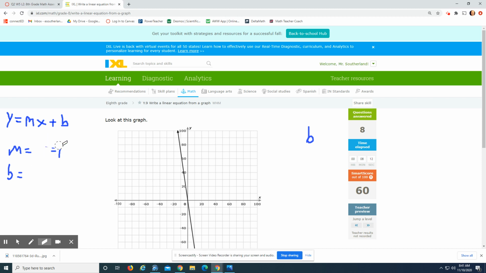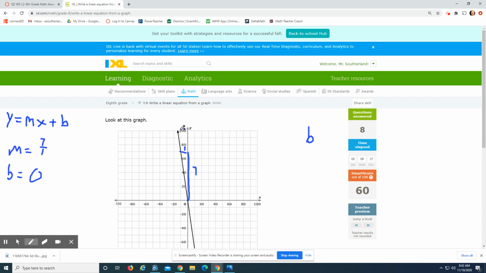I can see pretty quickly that this has a y-intercept of 0. It crosses right there, and crosses again right there. 1, 2, 3, 4, 5, 6, 7. And it runs 1. So this is 7 over 1.